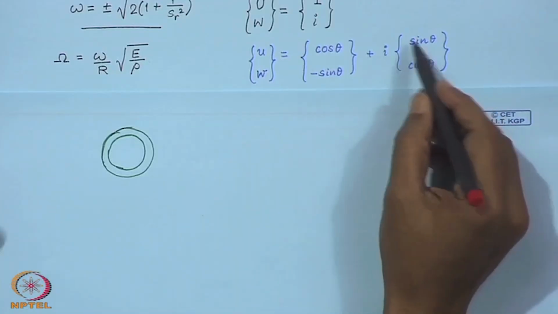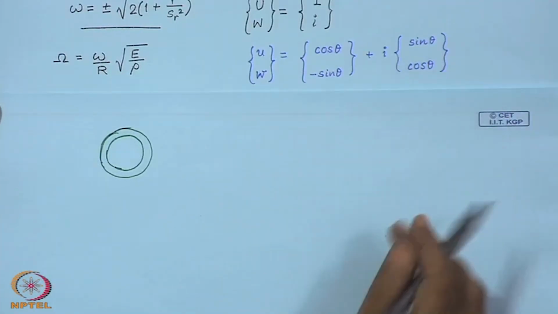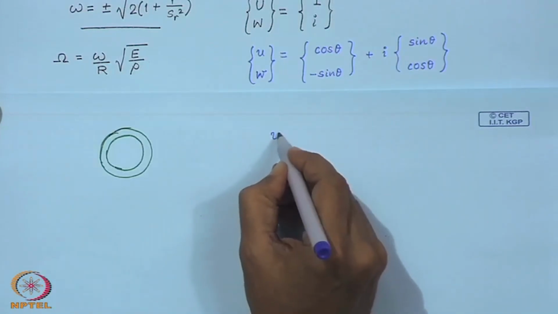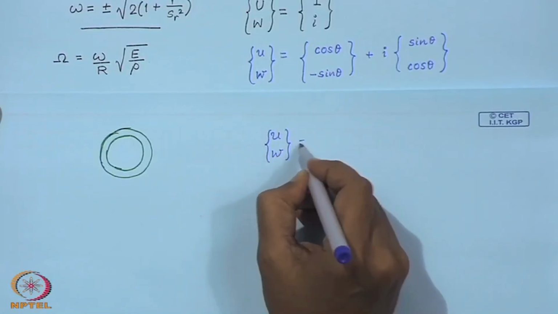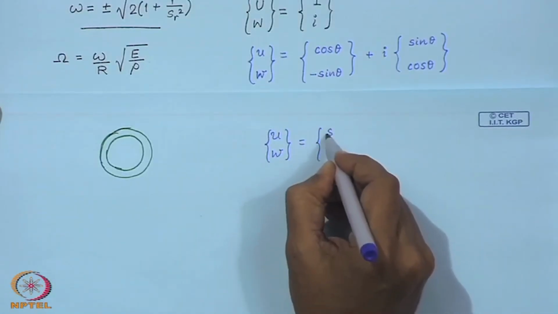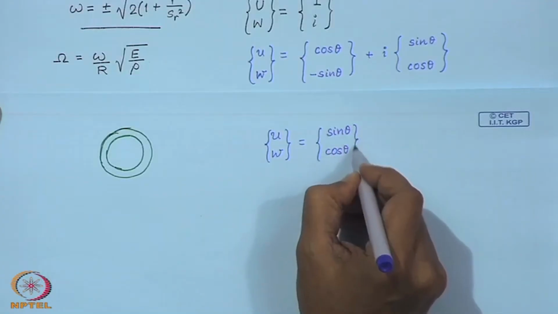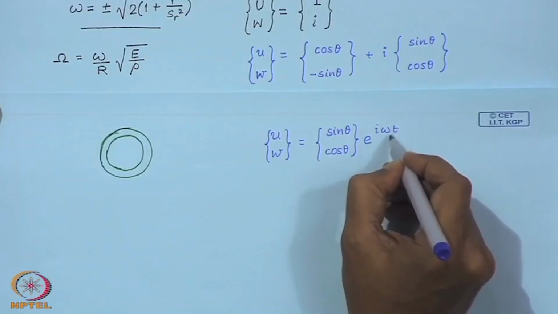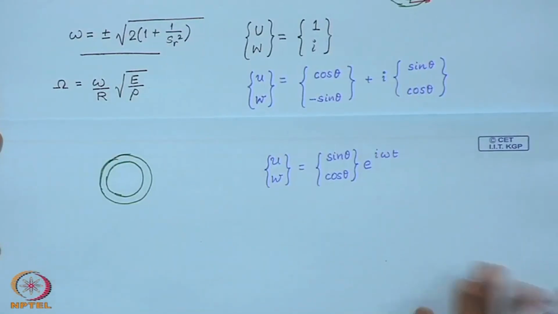If you consider this imaginary part of the solution as the eigen function, the motion can be written as, where omega is of course given by this eigen frequency, circular eigen frequency.